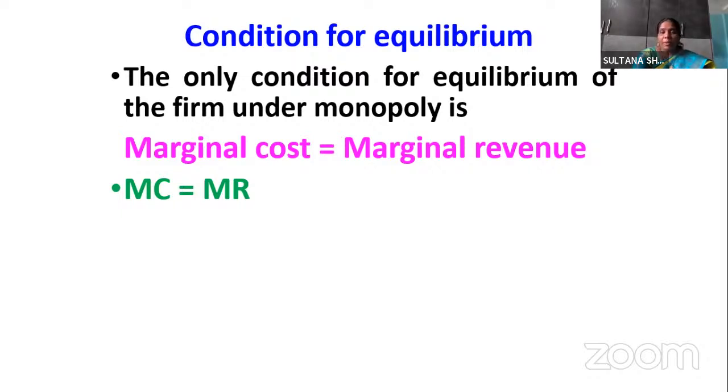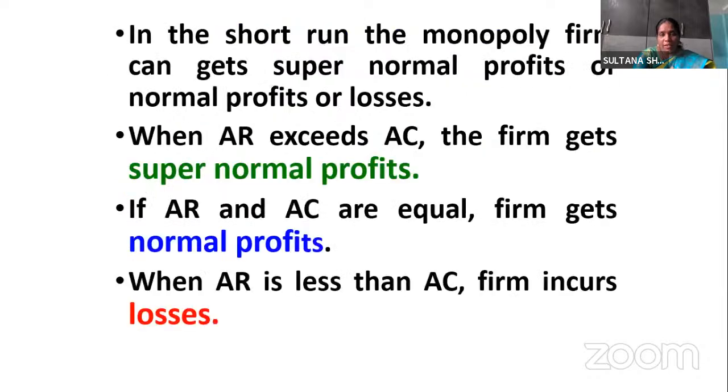Here, the conditions of equilibrium under monopoly: one is marginal cost is equal to marginal revenue.